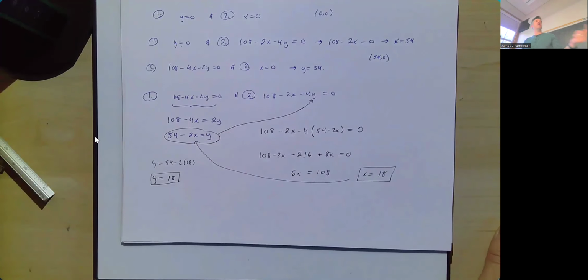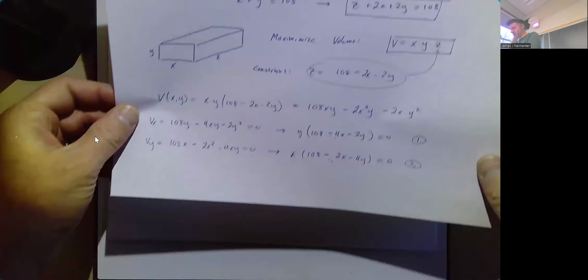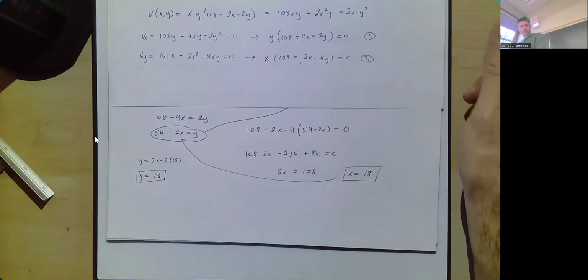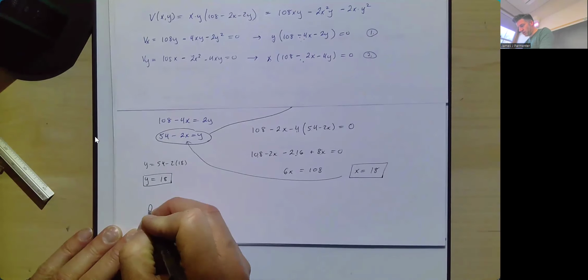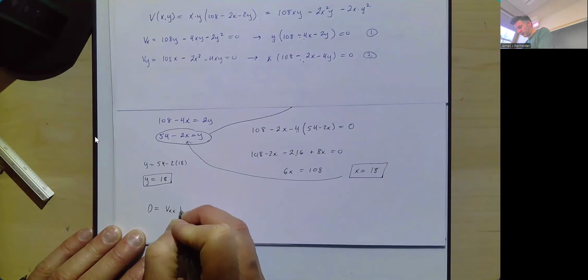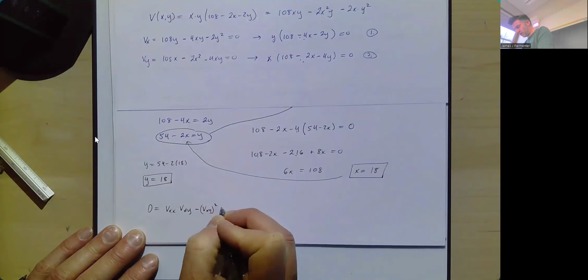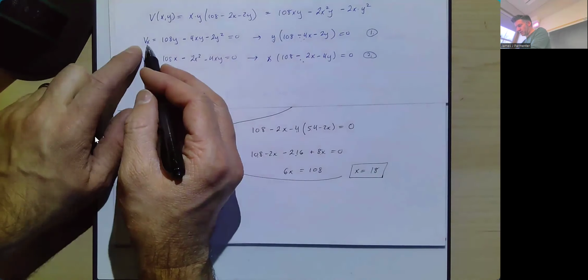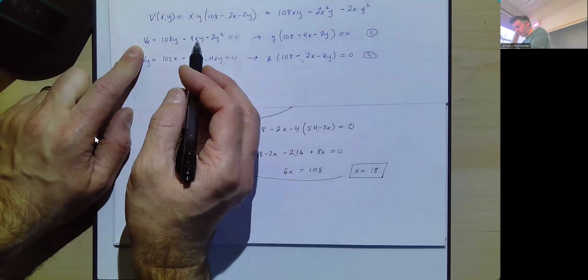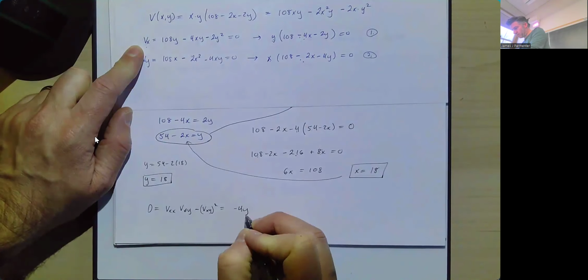And then I can actually check to see, is this thing a maximum or a minimum? So I can go back and look at my first partials for a second. Capital D here is going to be VXX, VYY minus VXY squared. VXX is going to be 0 minus 4y minus 0.